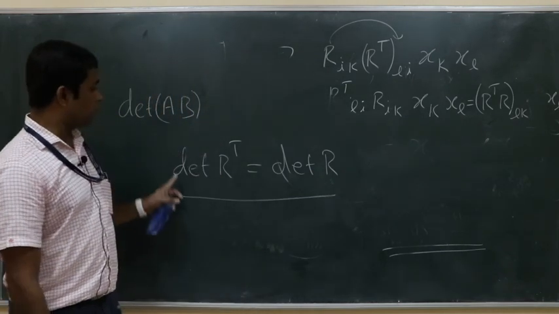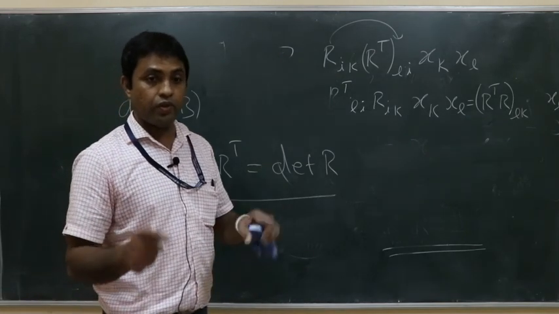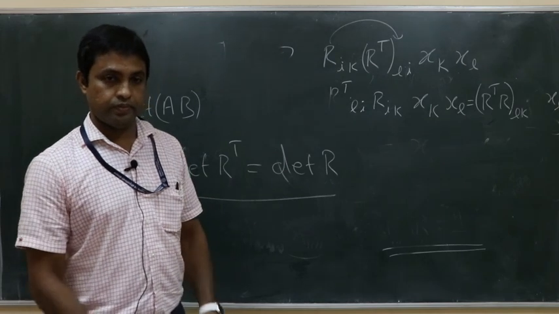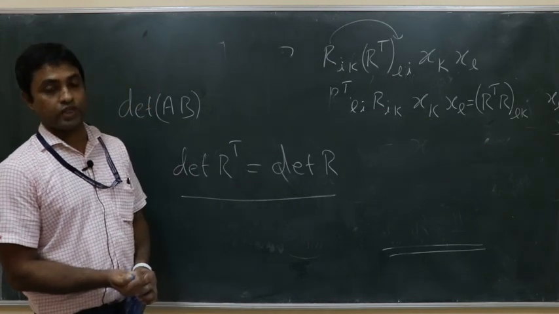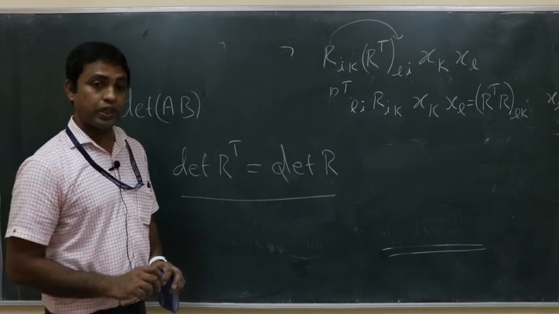So the determinant of R and R transpose will be the determinant of R whole square, which is 1. So the determinant is plus 1 or minus 1. Plus 1 corresponds to proper rotation and minus 1 corresponds to improper rotation.